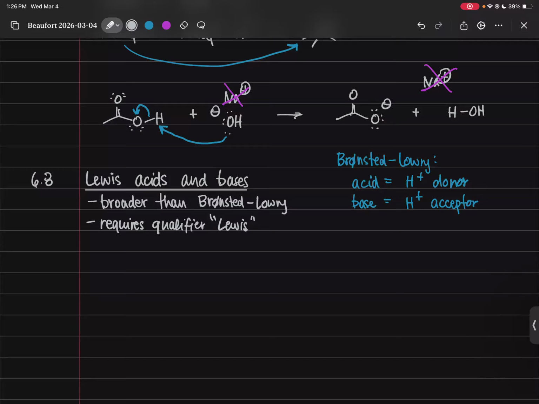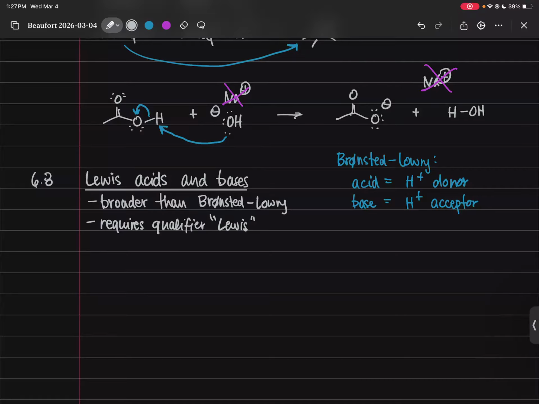There's a reason we spent like 3 days talking about Bronsted-Lowry and 5 minutes talking about Lewis. So if you're talking about a Lewis acid or a Lewis base, you have to use the qualifier Lewis in order to denote that you're talking about something slightly different.